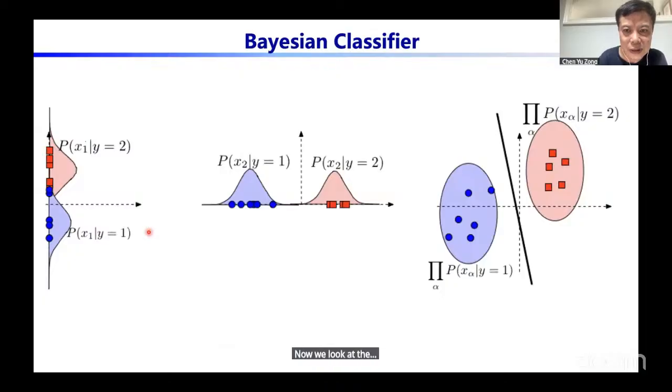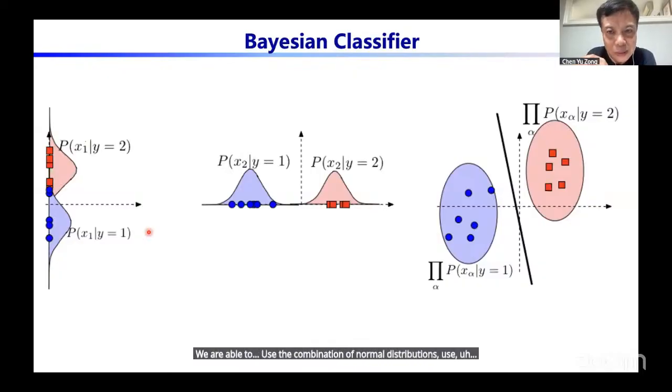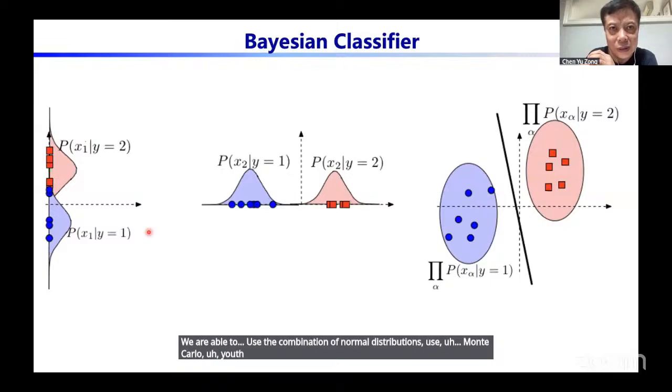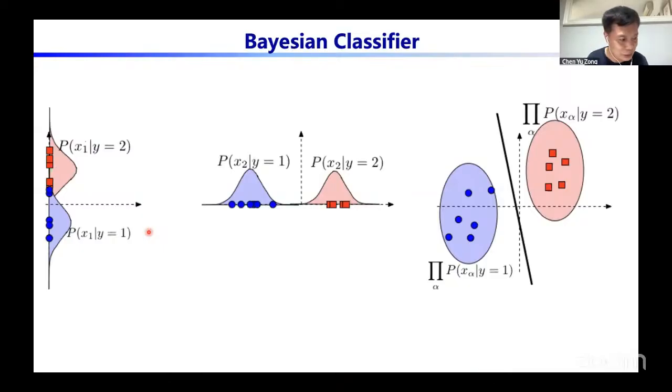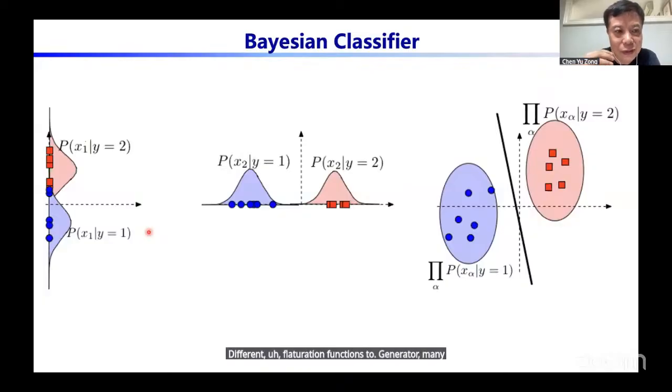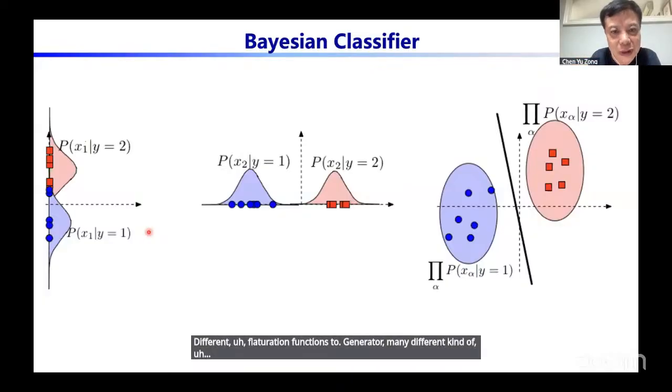Now we look at the statistics again. Essentially, we are able to use the combination of normal distributions, use Monte Carlo, use different fluctuation functions to generate many different kinds of distribution functions or density functions, irregular types of density functions.